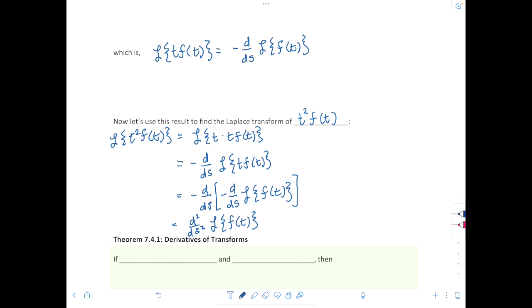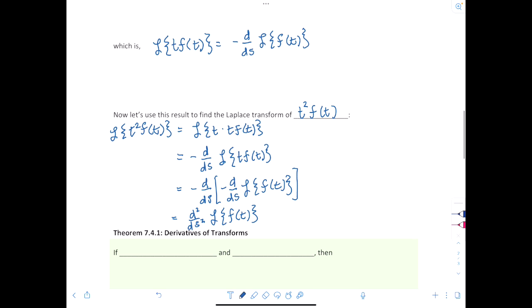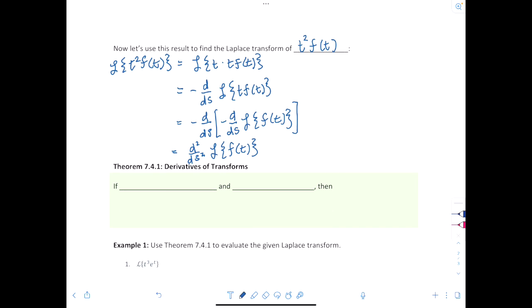So if you continue in this manner, what's going to happen is this. We, of course, want to get this in terms of n.